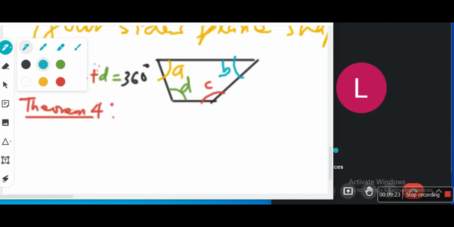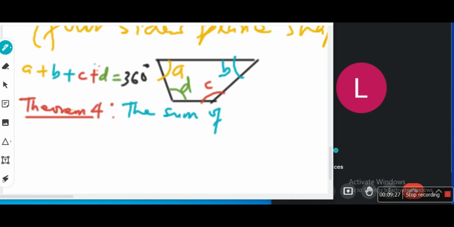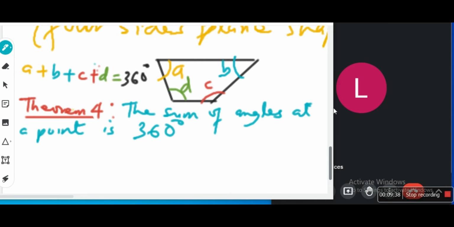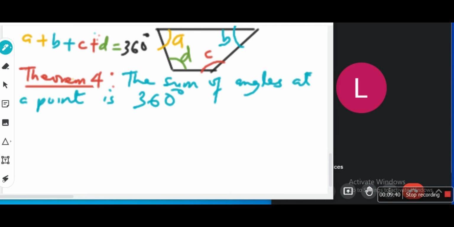The sum of angles at a point is 360 degrees. When you add up all the angles at a point, it must give you 360 degrees. An example is this.